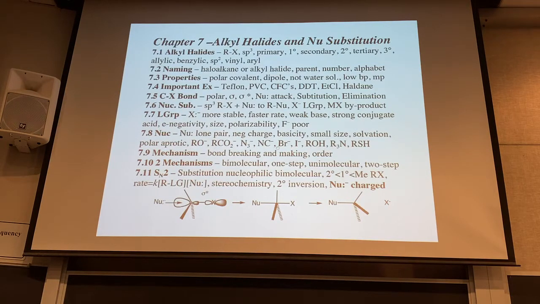The mechanisms, hopefully, will be clear. We'll use that as a unifying idea: SN2 versus SN1. And this chapter really boils down to whether it's bimolecular, which is at a primary or a secondary halide, or whether it's unimolecular, a stepwise reaction via carbocation at a tertiary or sometimes a secondary position.